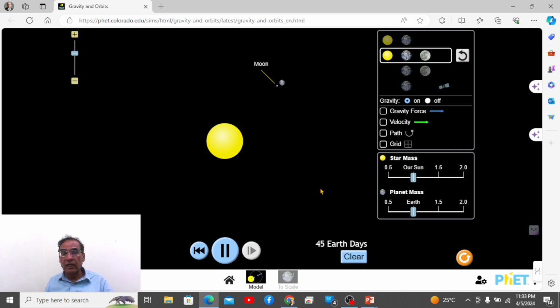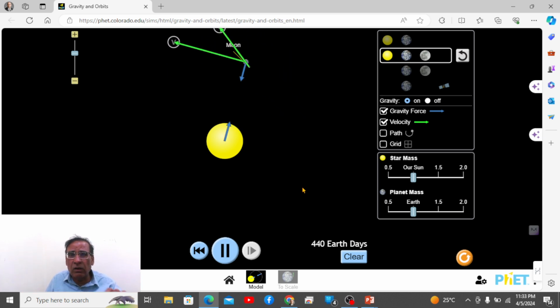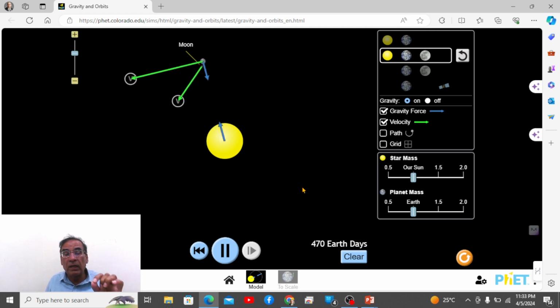Now I have started the motion of the earth and moon. If you would like to see the gravity force, it's the gravitational force between the sun and the earth, and if we would like to check the velocity, it's the velocity of the moon and sun. Here you can see the velocity of the moon is in a loop form.